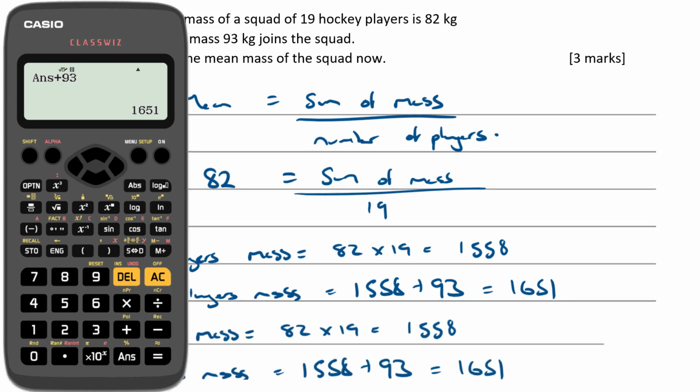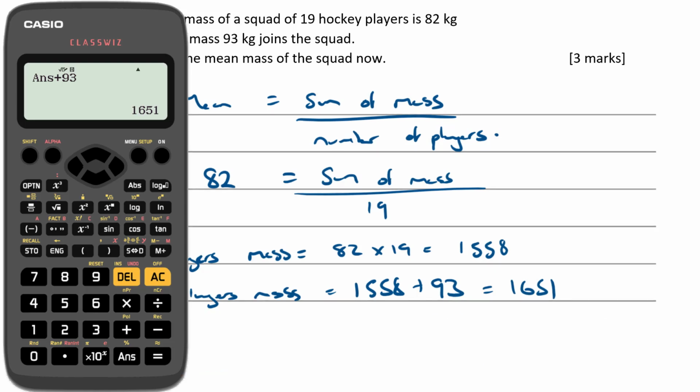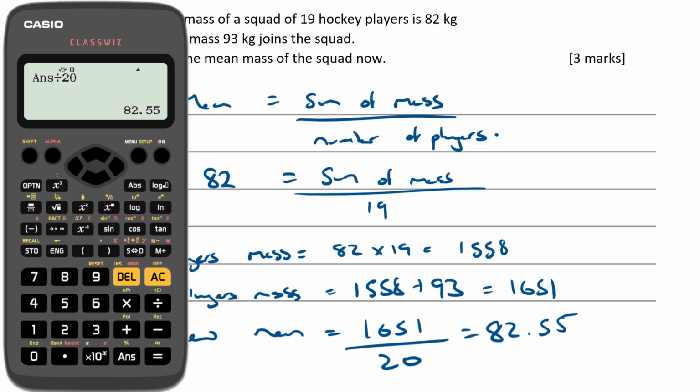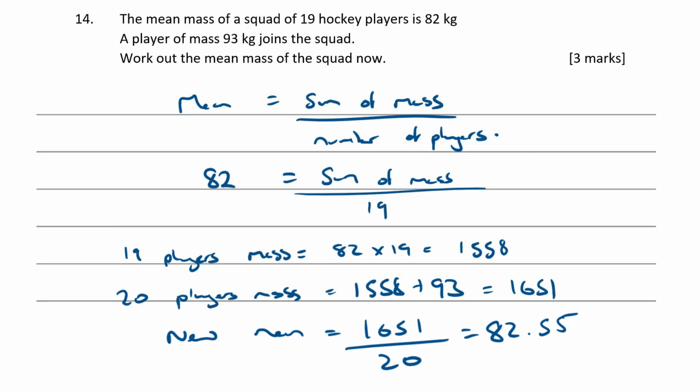So the new mean is 1651 divided by 20, which comes out to be 82.55. 82.55 is my answer.